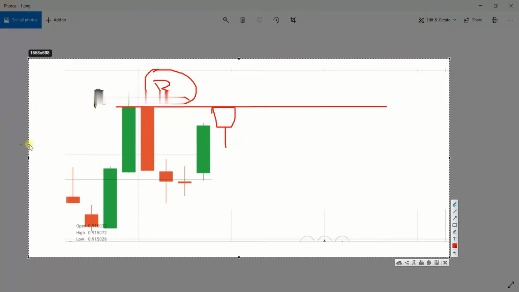We don't know about the past of this market. We just see this level here. There is a gap to the level, right? The candle closing point is here, so still there is a gap. So the market may fill the gap with a bullish candle, or it may reverse and go down.